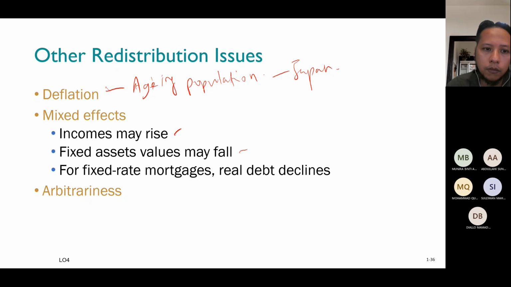And because of this, if you want to get a loan from the bank, the fixed rate mortgage also reduces, because no one wants to borrow from the bank in order to buy property. So the bank now has to promote its debt, saying if you want to borrow, come borrow from us, we will give you a very cheap rate. So the interest on the debt will also decrease.